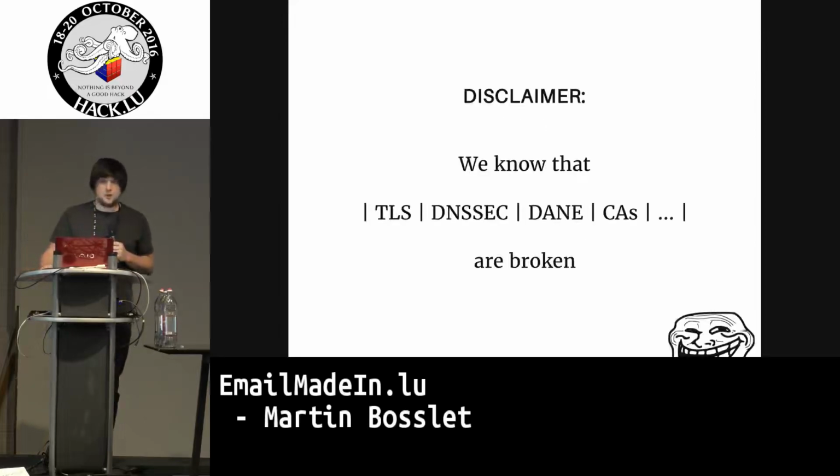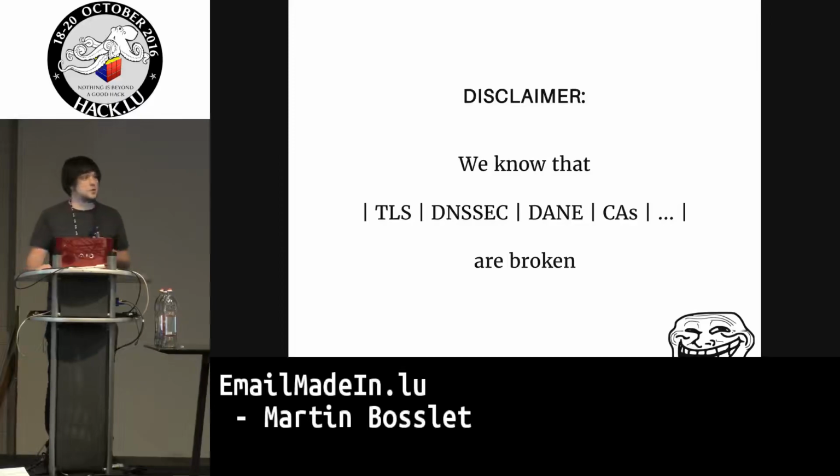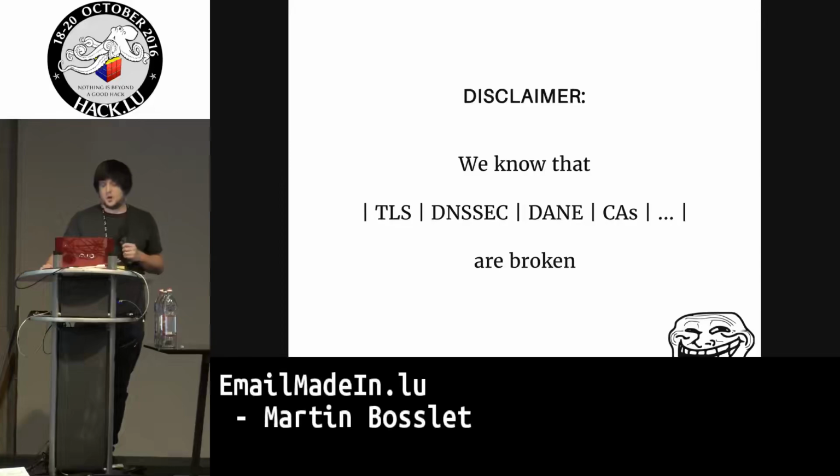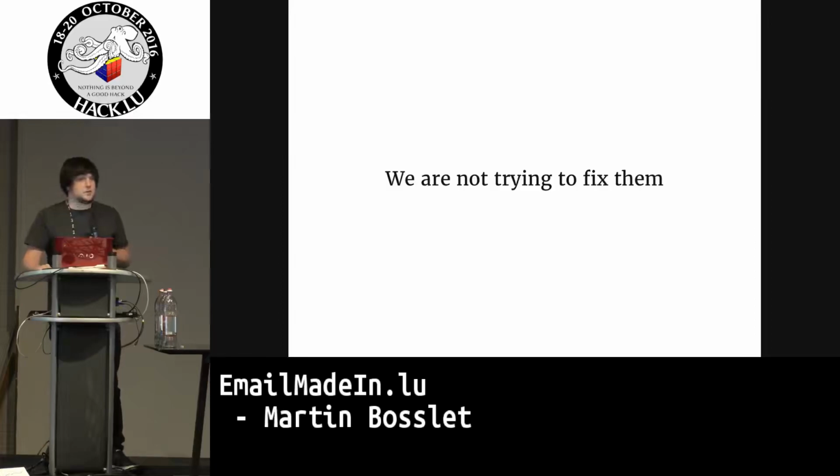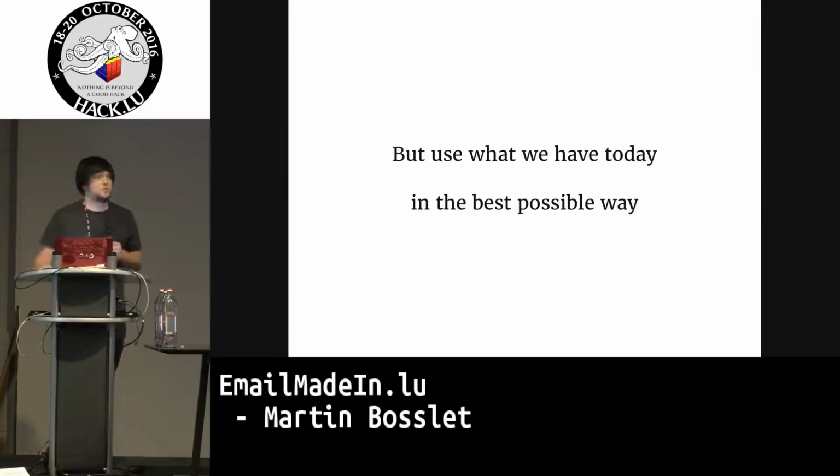Now, to say this up front, I know that there's a lot of criticism going on whether the CA system in general is secure, if TLS is the perfect protocol. They're not, and we are not trying to fix this, so that's not our goal. We just want to give you a tool so you have the chance to analyze the features that are available today, and so you know you're using them correctly, or you can see if there's any problems with them.